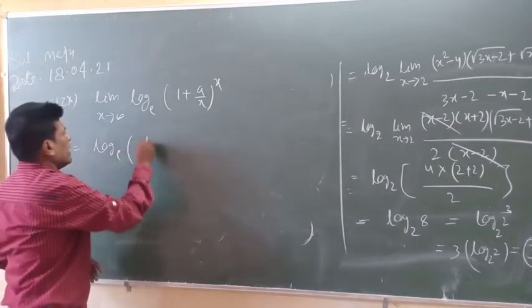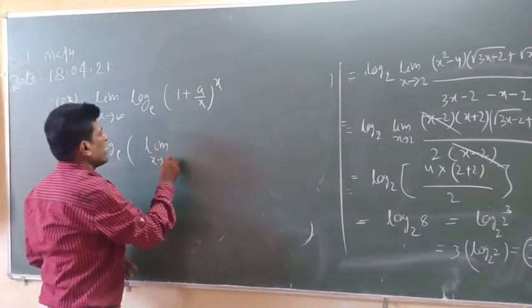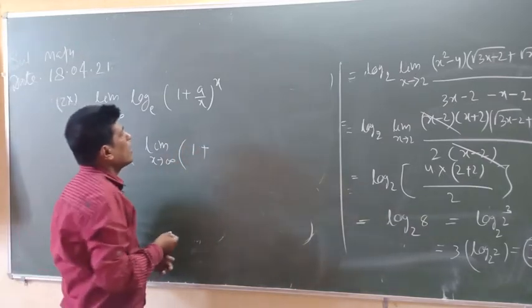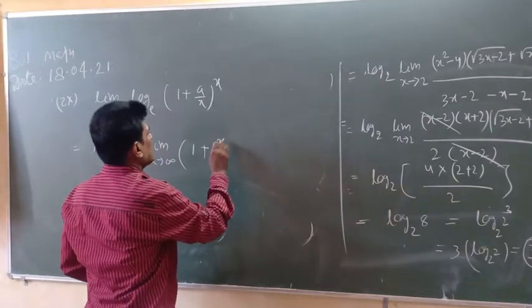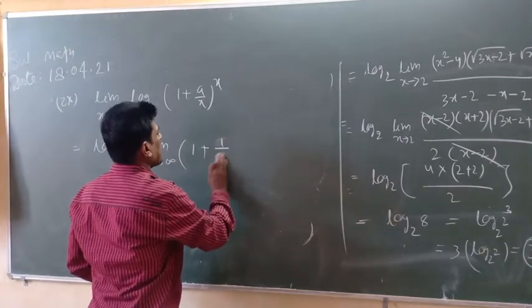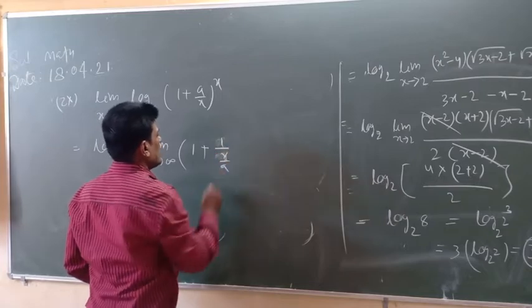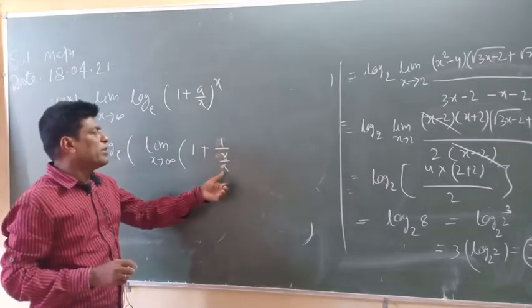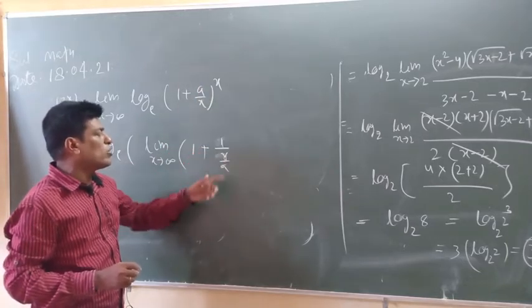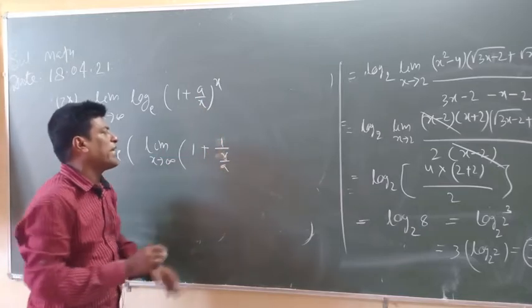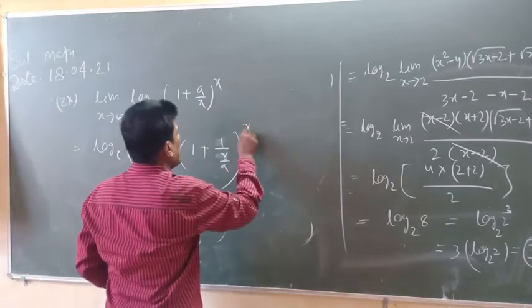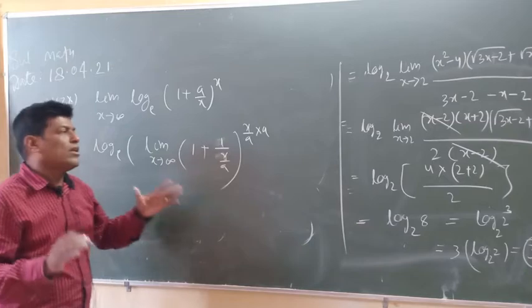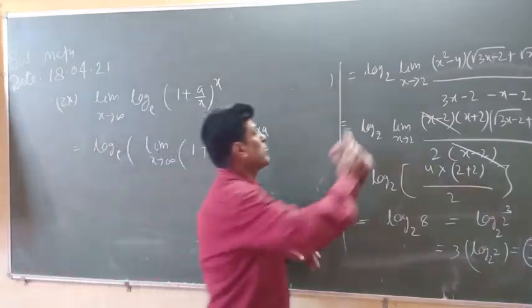Now it becomes limit x tends to infinity of 1 plus 1 by x by a, to the power x by a into a. You look, the a is on the numerator side, so it can go to the denominator side. So a by x we can write as 1 by x by a. The a cancels.